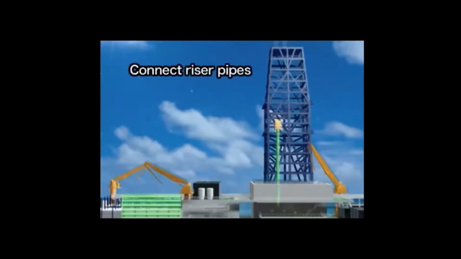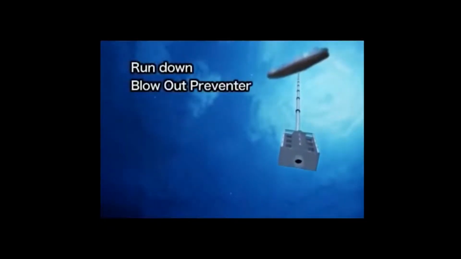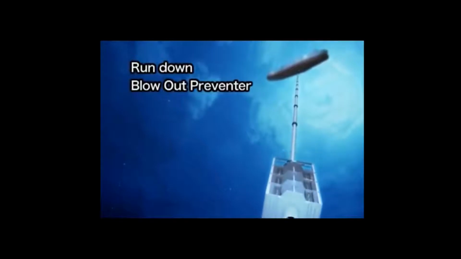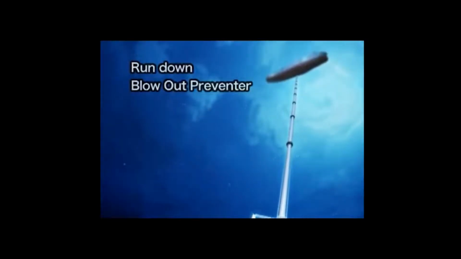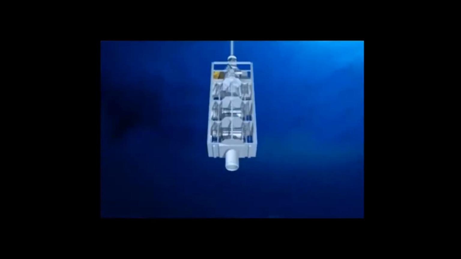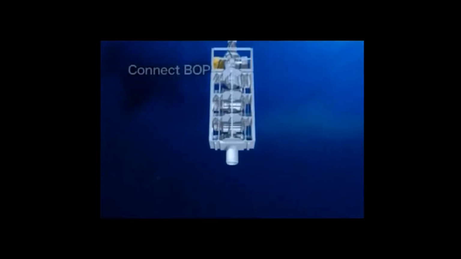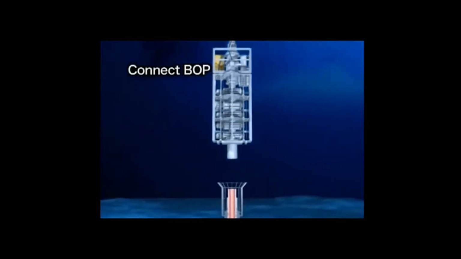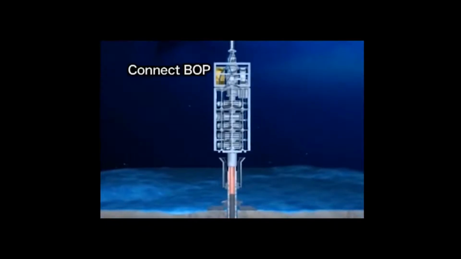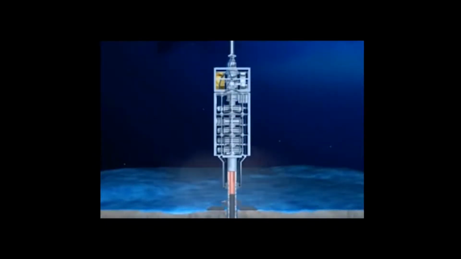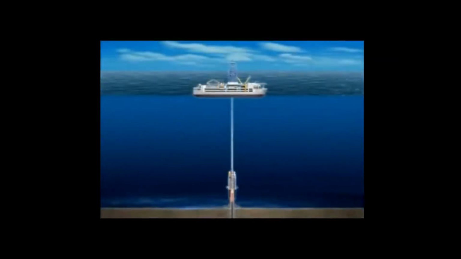As the riser pipes are added one after another, the blowout preventer is run down to the seafloor. The blowout preventer is connected to a wellhead which is located on top of the casing pipe. The vessel is now connected to the seafloor via the riser pipe.